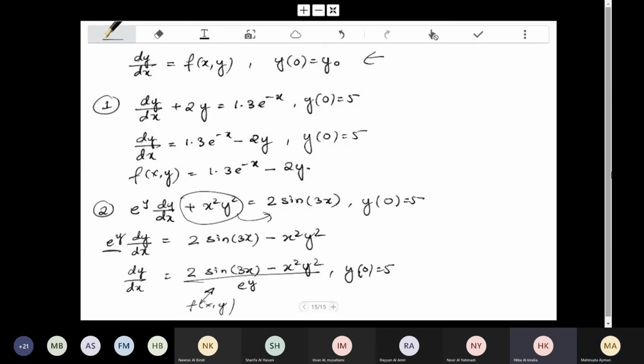Miss, just to make sure, the true value will be given? If it's complicated to solve, if it's not directly integrable, yes, I will give you the true value if I want you to find out the true error. Thank you. You're welcome.